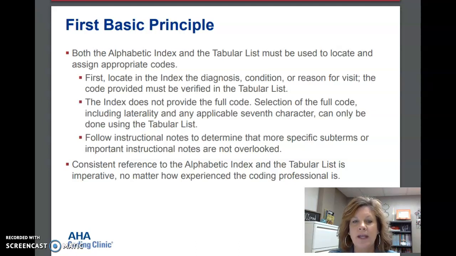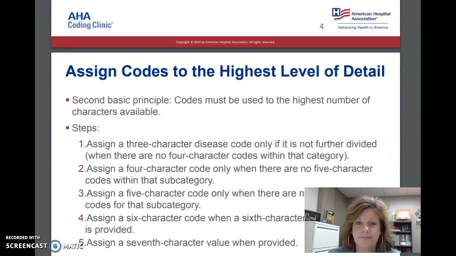You need to locate it in the index and then double check it in the tabular. The index does not provide a full code. Sometimes it does, but you as a beginning coder do not know that. That's why it's very important for you to utilize both. Otherwise, you will have incorrect codes.